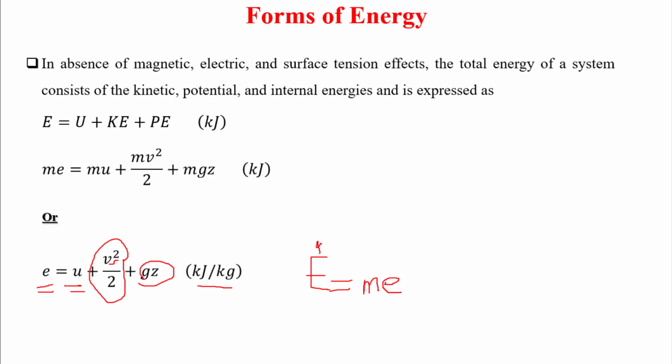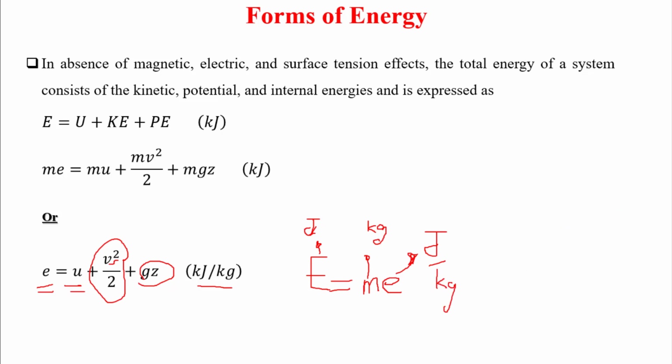The unit for this term is joule, and the unit for mass, as you know, is kilogram, and the unit for lowercase energy as a result is energy divided by mass, which is joule per kilogram.